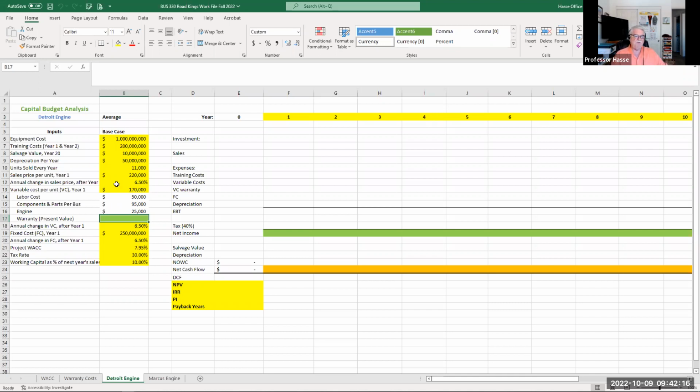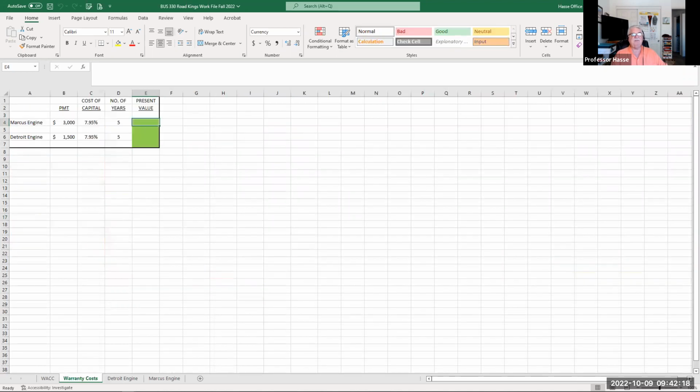So what you have to do is determine the present value of all those 5 years of cost to put in each year of the investment per unit. So every unit made has, in the Detroit engine, $1,500 for 5 years of cost. For the Marcus engine, every unit produced in years 1 through 20 has a warranty cost for 5 years of $3,000.